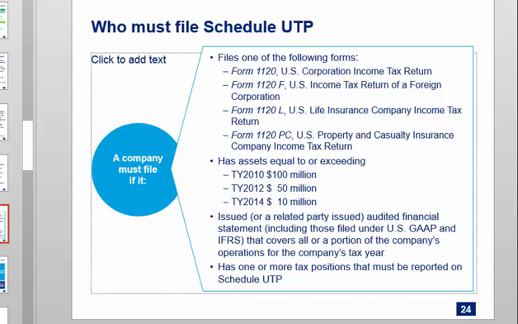So the Schedule UTP and the IRS reporting has reverse engineered a bit how FIN 48 works. Because if you think as the head of tax of a big company, what I do for accounting now shows up in my tax return, which dictates how my audit strategy works. So now I have to think differently, because I want to start with how my audit strategy is going to work.